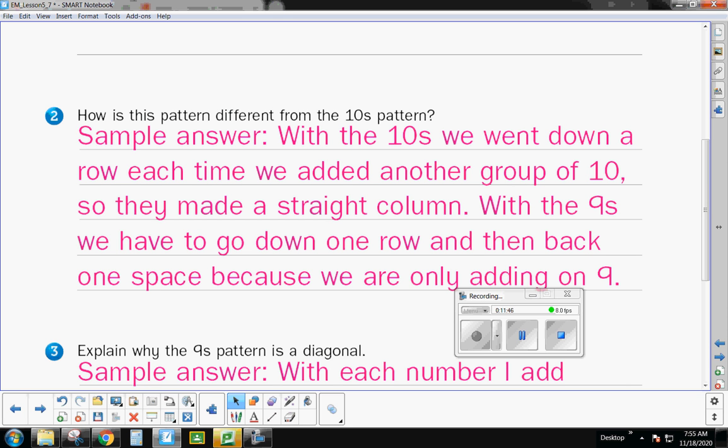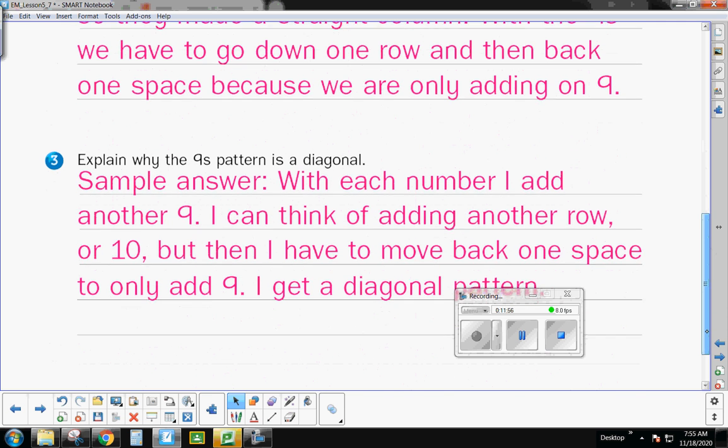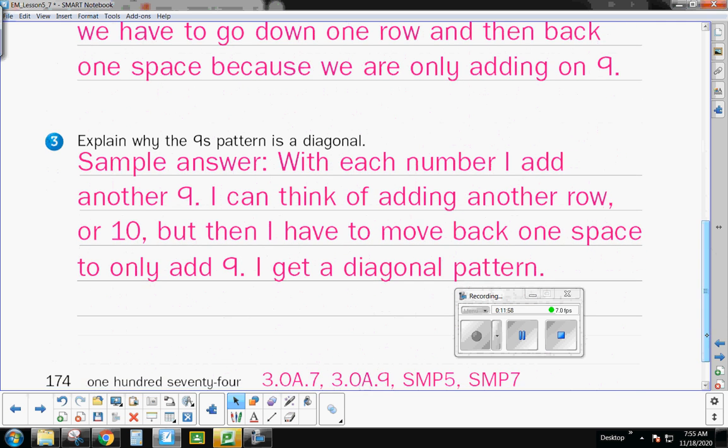If we were adding 10, we would just jump straight down, but because we're adding 9, we also have to take one off. That's what creates that diagonal pattern, okay? With each number I add another 9, I can think of adding a row of 10, but then I've got to move back a space. That's what's going to give me that diagonal pattern.